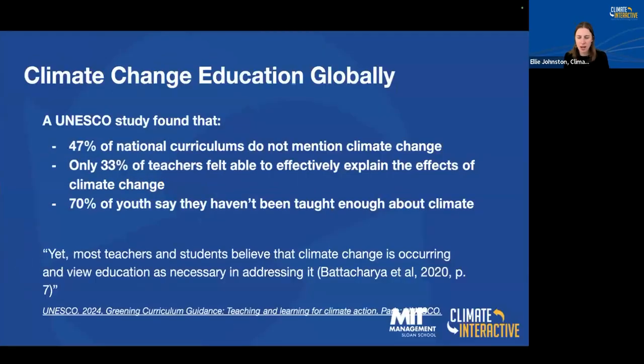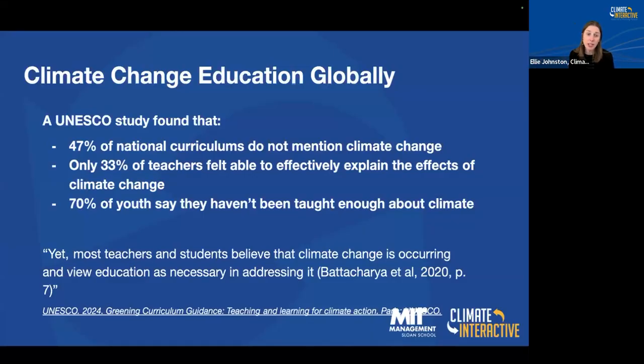And to give us some context of what we're working with, I am sure many of you know why it is so important, and it's bringing you here today because you care about this topic and you care about using good tools in your teaching practice, whatever that may look like. There was a UNESCO study done last year, and they surveyed national curriculums across many different countries.